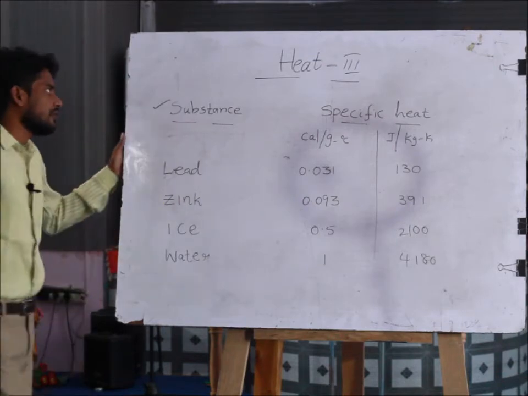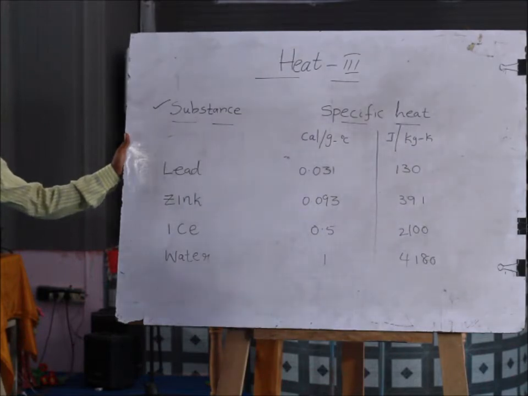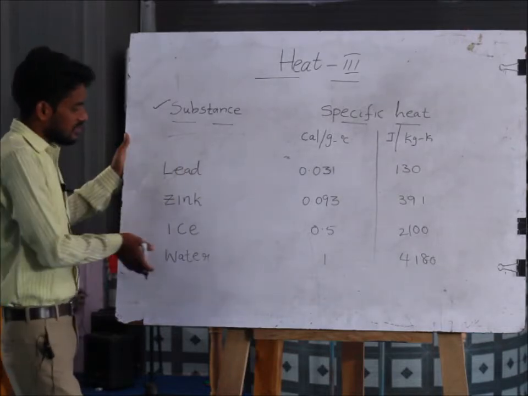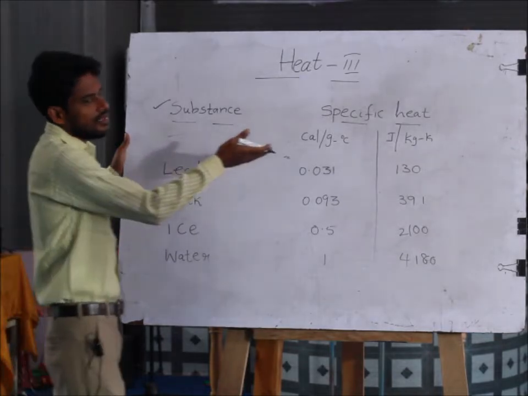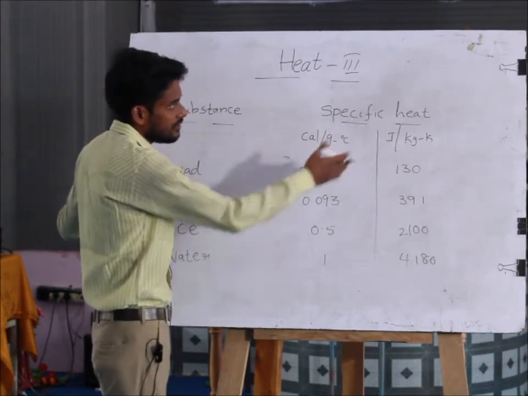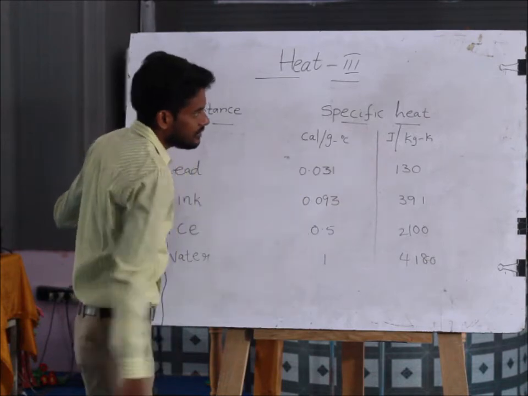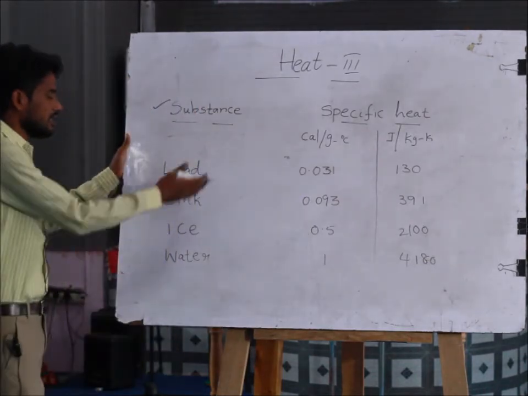In order to know about specific heat more clearly in its application in our daily life, let me take four substances here. Lead, which has 0.031 in calorie per gram degree centigrade and joule 130.